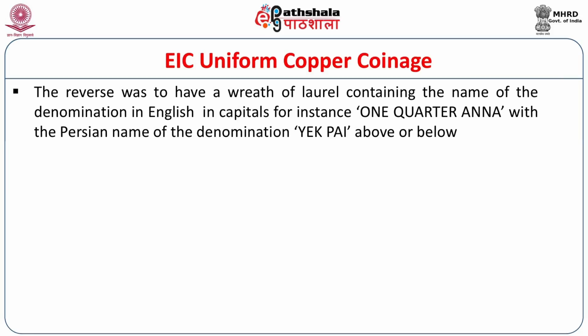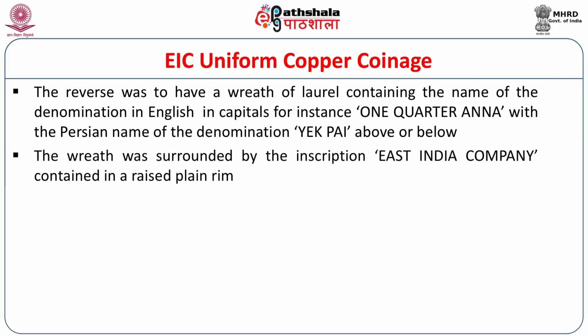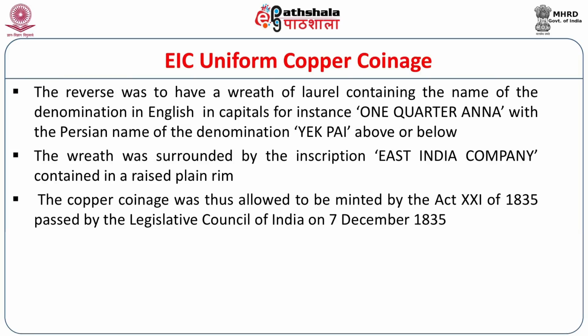The reverse was also to have the Persian names, a denomination mentioned on the coins as Yek Paisa in the case of 1/4 anna. Also, these had the same security feature that was implemented on the silver coins, that is the raised rim, but in this case it was a plain rim, as copper coins were deemed much cheaper. The Copper Coinage Act was implemented under Act 21 of 1835, passed by the Legislative Council of India on 7 December 1835.